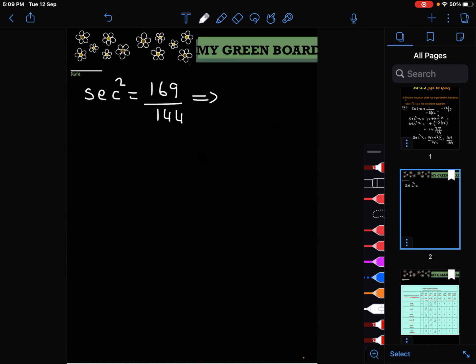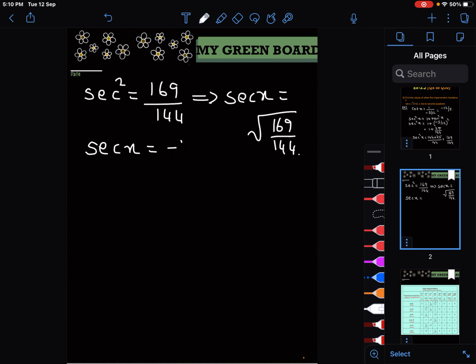So secant square x becomes 169 by 144, which implies secant x would be equal to root of 169 by 144. You'll get secant x equal to minus 13 by 12. This will be your secant x.